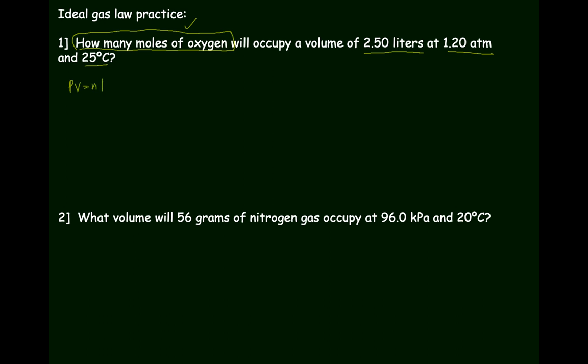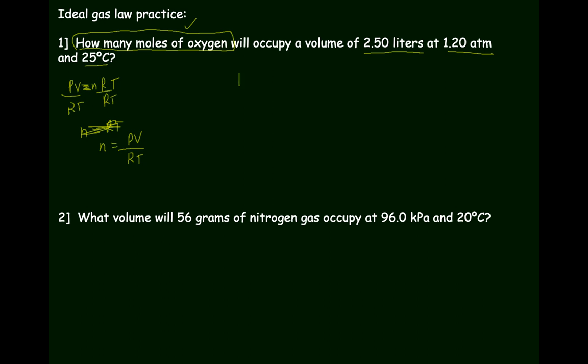I'm not going to use the combined gas law because the combined gas law doesn't have moles in it. This one does. All right, so I could rearrange this formula. I sometimes like to do that. If I divide both sides by RT, I can say that the number of moles is equal to pressure times the volume over RT. So that's kind of easy, so I can figure this out.